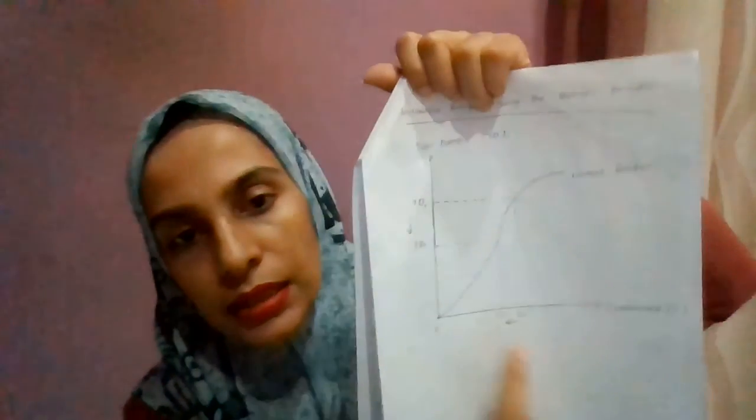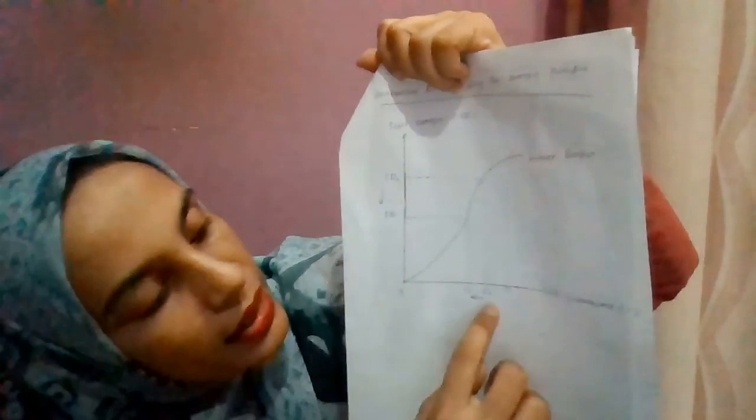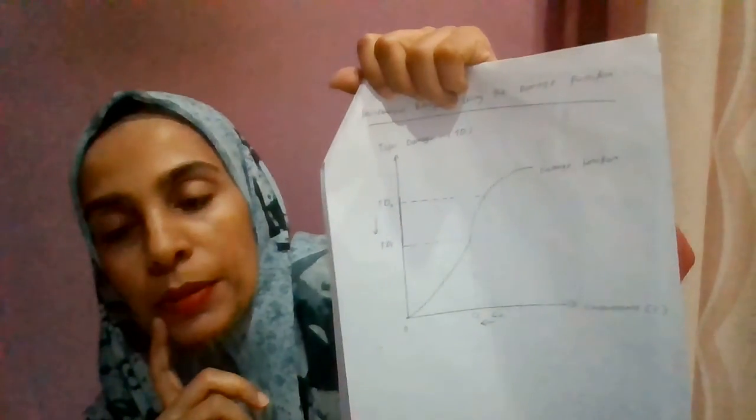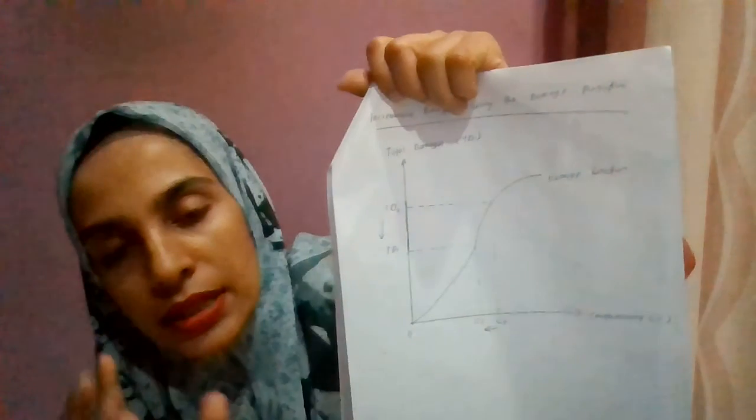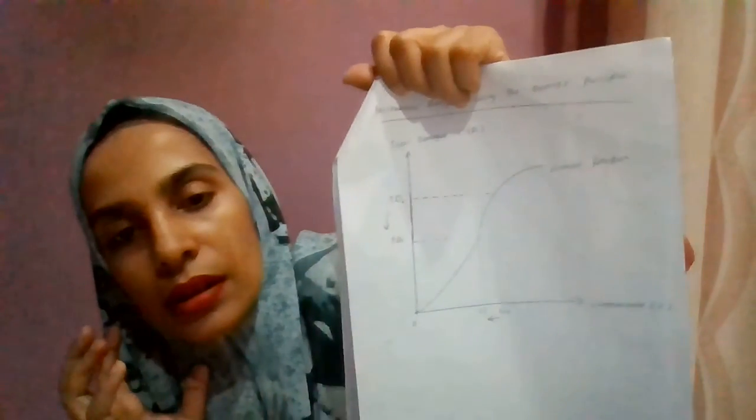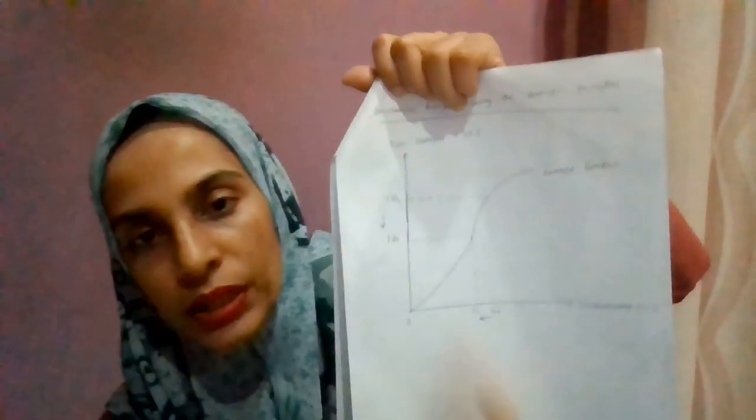Jadi dekat sini kita kata bila kita dah kurangkan contaminant ini based on the policy implemented. So bila policy kita dah impose, then contaminant ini dapat dikurangkan, jadi total damage pun dapat dikurangkan. So ini yang kita kata damage function method ini. Right, so kita nak tengok application of the damage function method next.